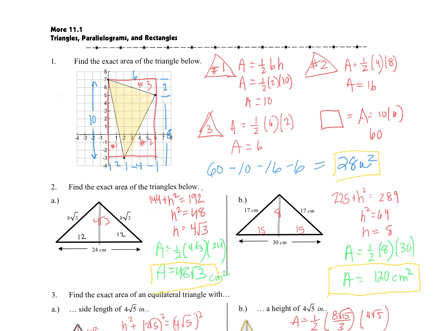Subtracting the 144 from 192, I get 48, which is 16 times 3, so h is 4 times the square root of 3. That's how I figured out the height.